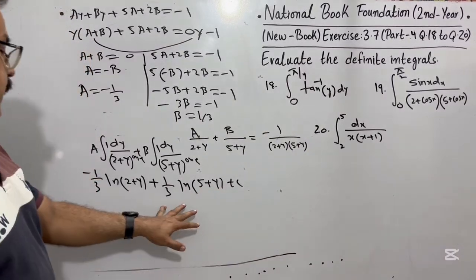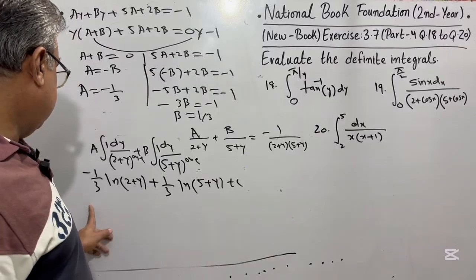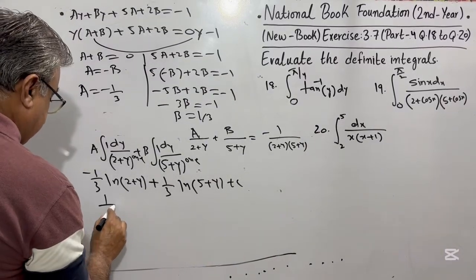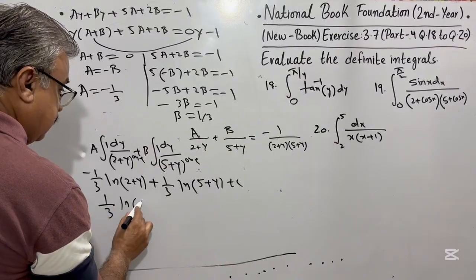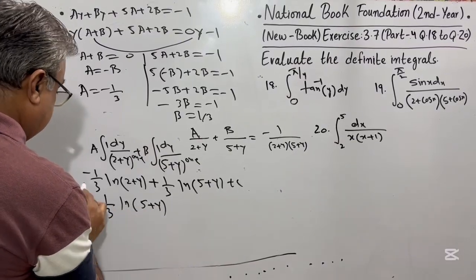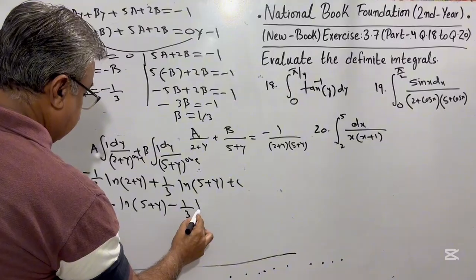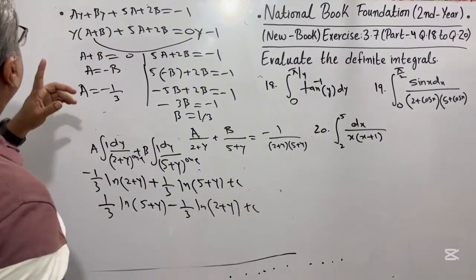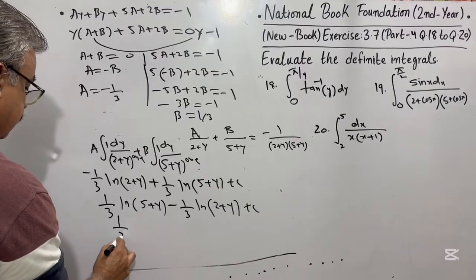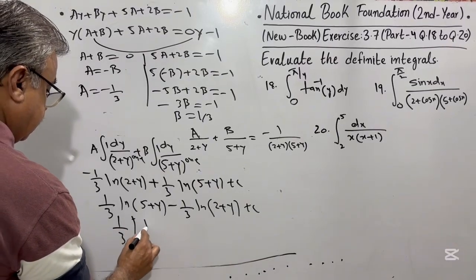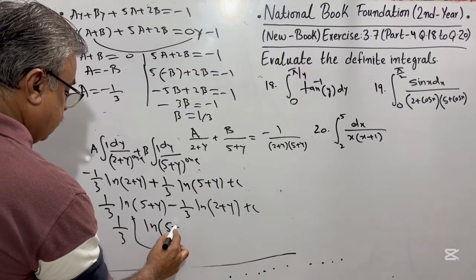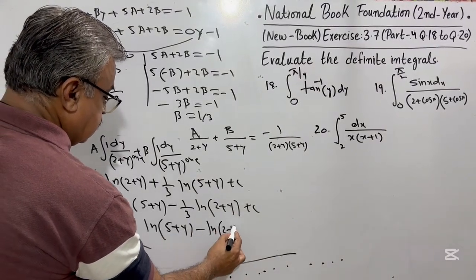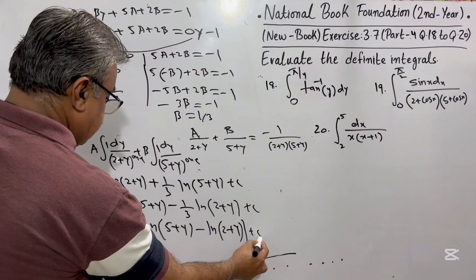Making life simple, I am writing the positive 1 over 3 first, then the negative, in order to compact them utilizing the property of log: 1 over 3 ln(5 plus y) minus 1 over 3 ln(2 plus y) plus c. Don't forget the limits. 1 over 3 common, we are left with ln(5 plus y) minus ln(2 plus y) plus c and the limits.